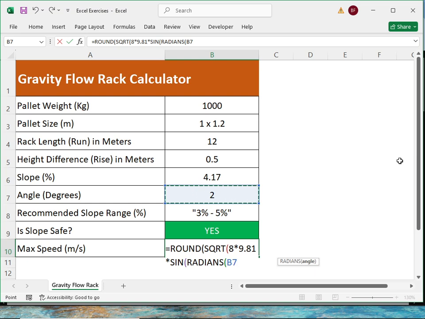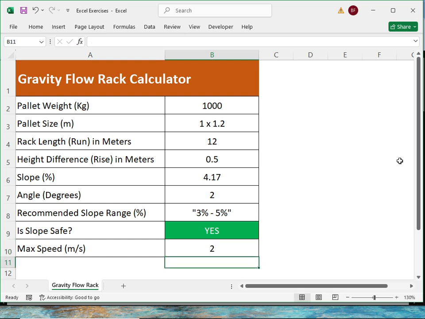Then close the parentheses, with 3 decimal places for the round number, then close it and enter.